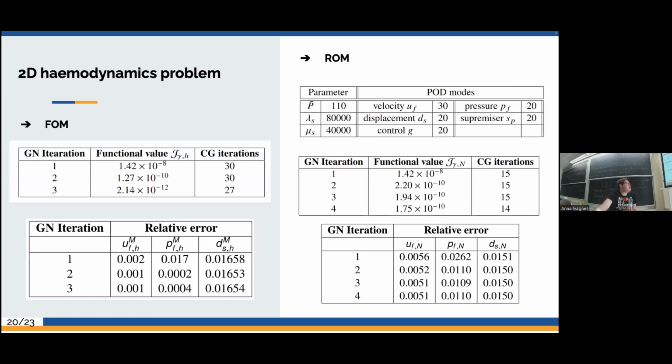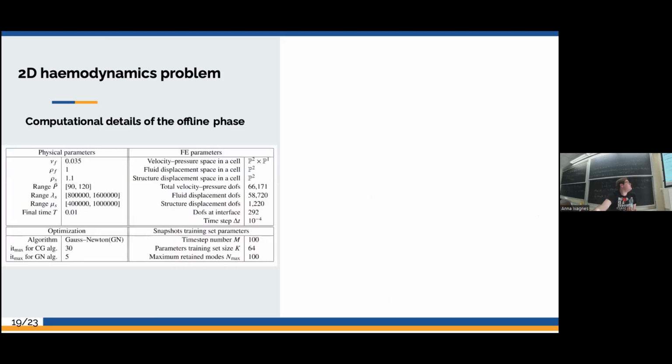Basically, we have a three-dimensional parameter space in the physical domain, and we draw specific parameters, and we have 100 time steps.